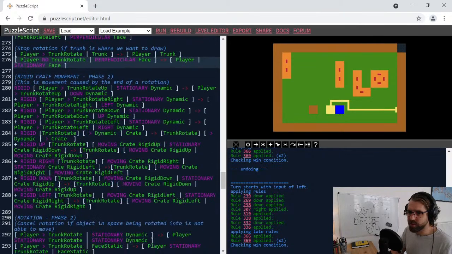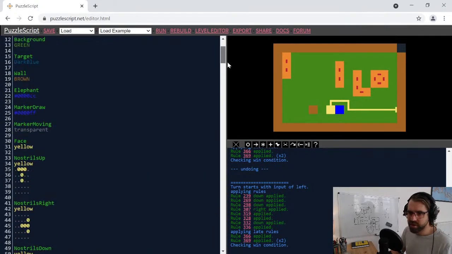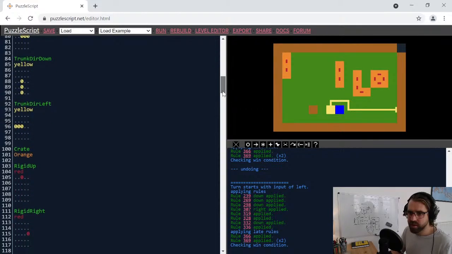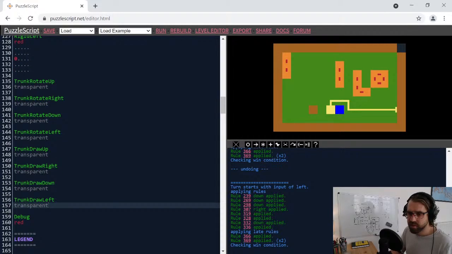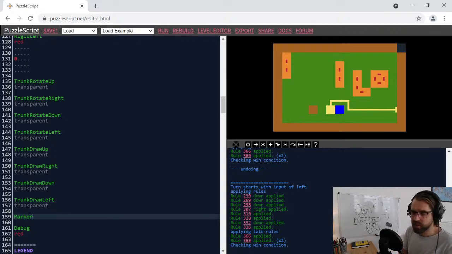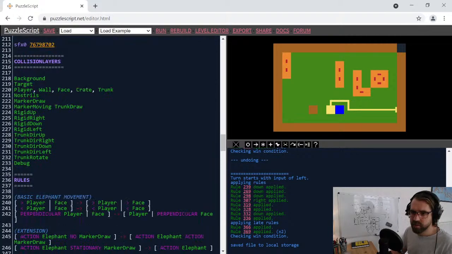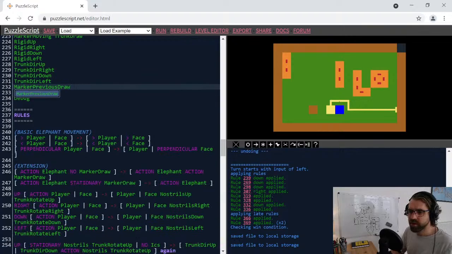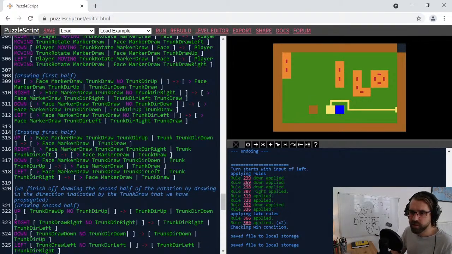Okay, so when I draw, let's have a new marker, which is marker previous draw transparent. Go on. Let's get its own layer. Then when I draw first half, raising second half.